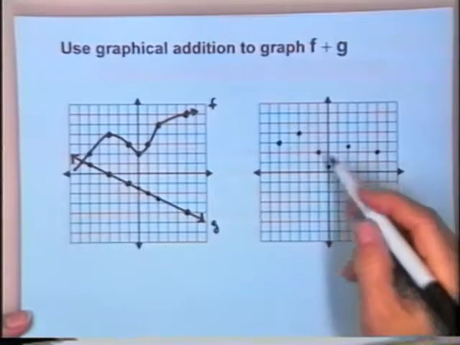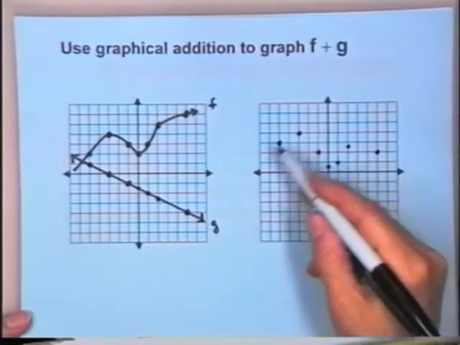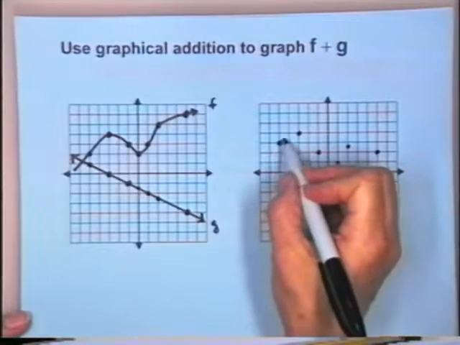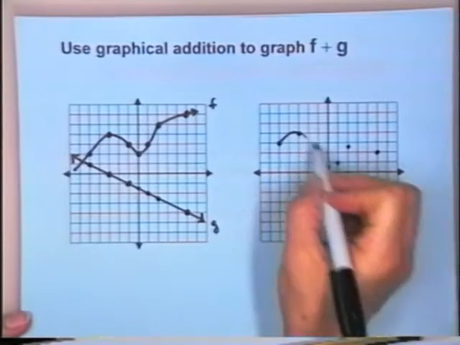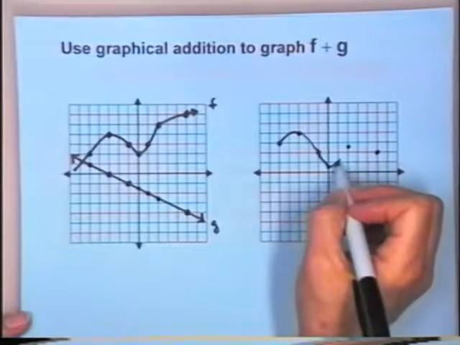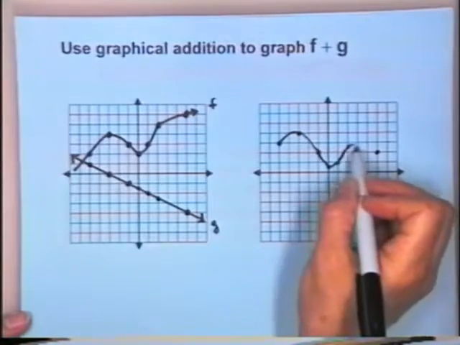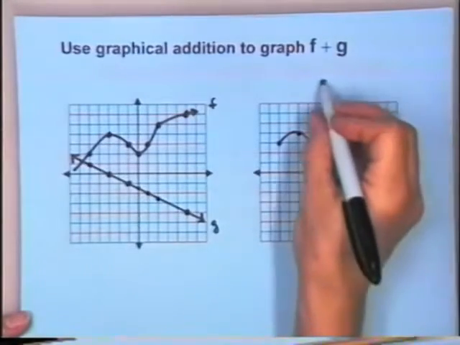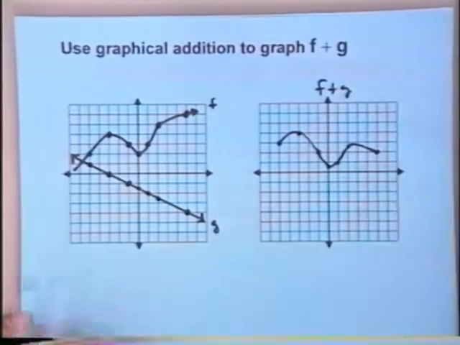Now you'll see these points, and we can sort of connect those and get an idea of what this function looks like, can't we? Okay? Now, we could get more points in between these and get a better sketch, but that would give you some idea of what the function f plus g looks like, wouldn't it?